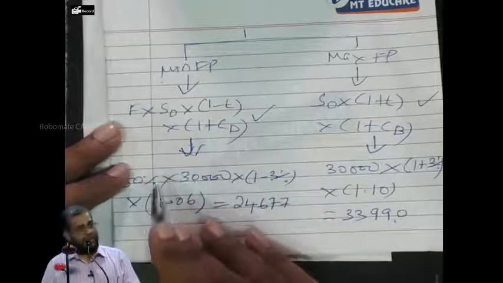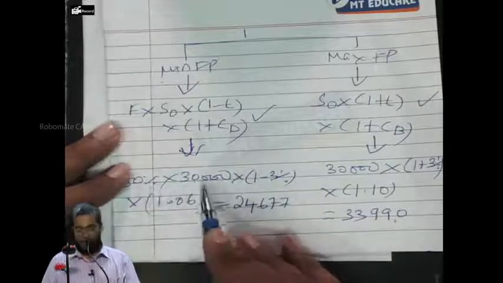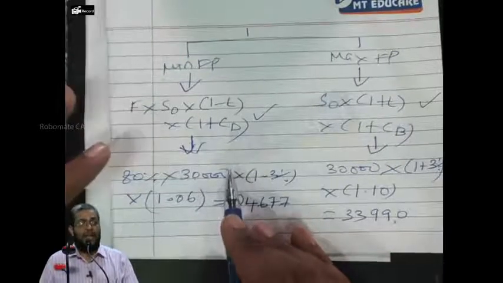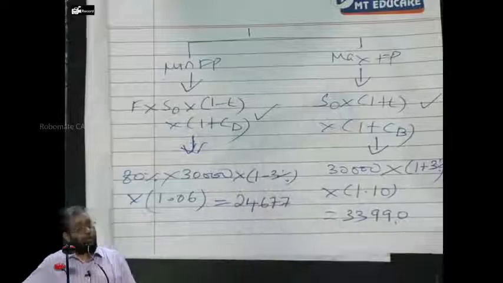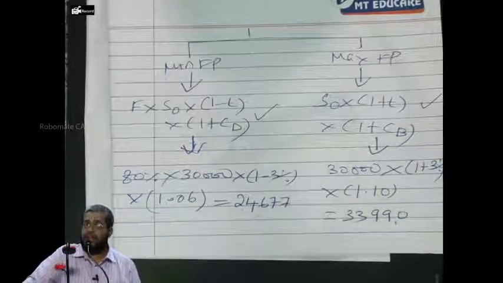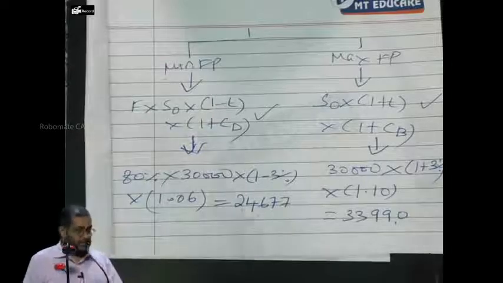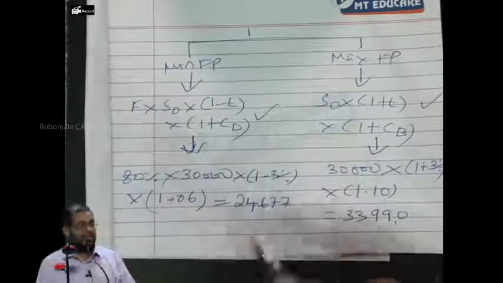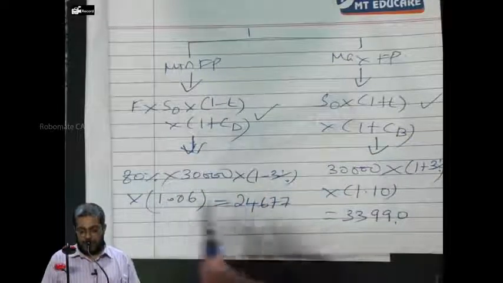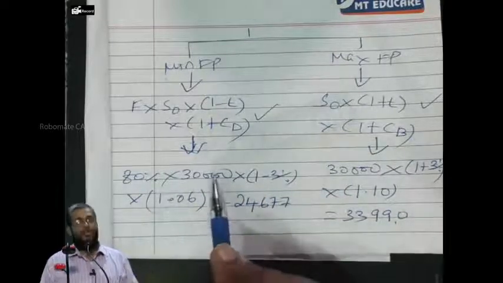The amount deposited is 80% into 30,000 into 97%, which along with interest grows to what?